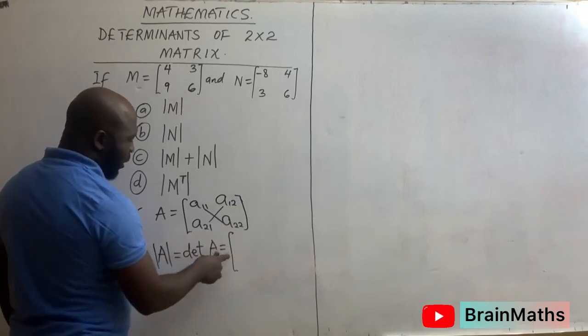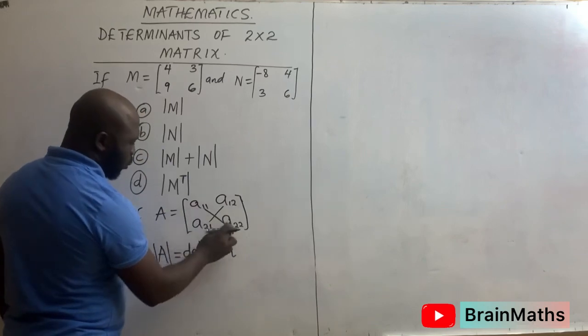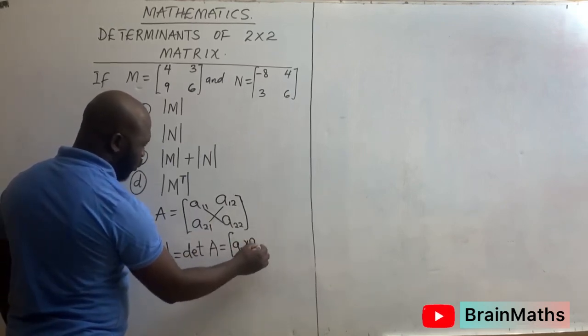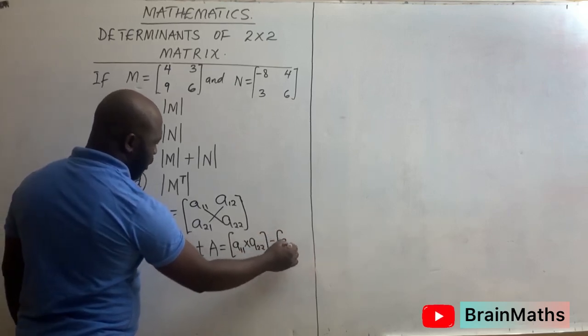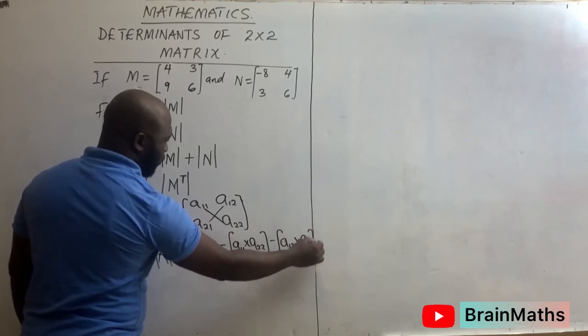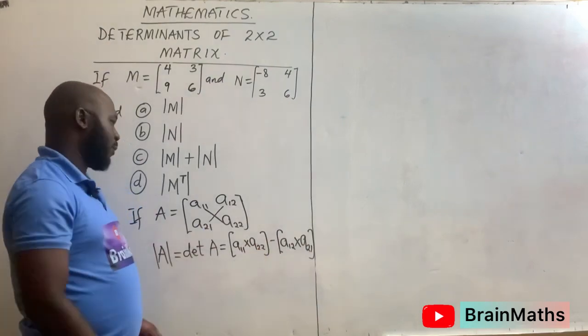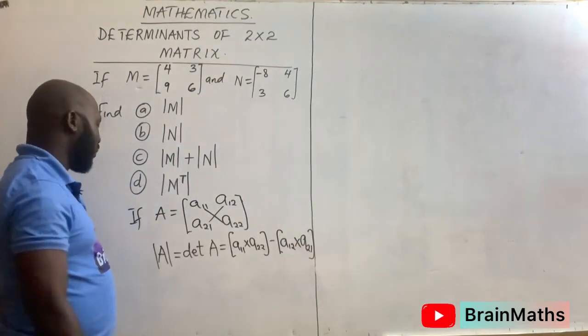So what we'll be having here is A11 times A22 minus A12 times A21. So the answer for this place minus the answer for the other one.